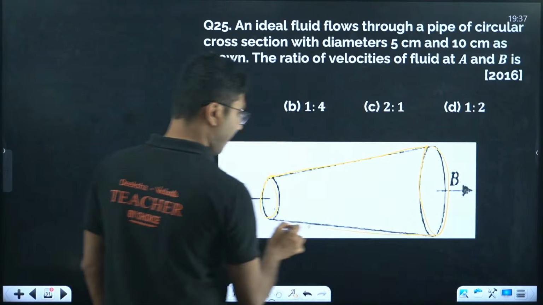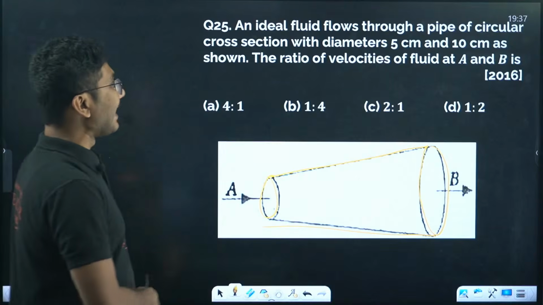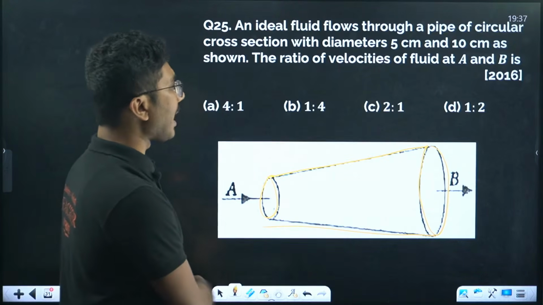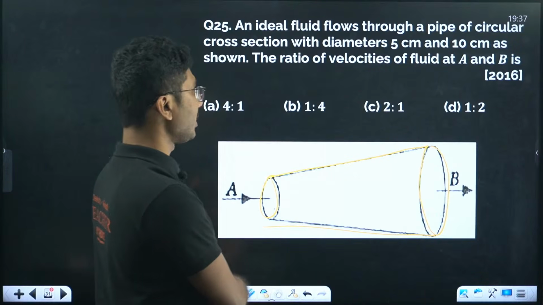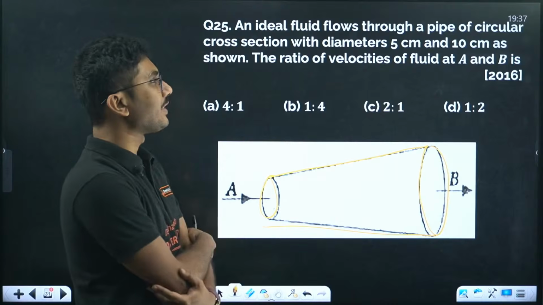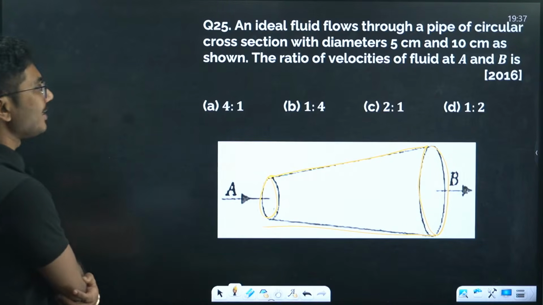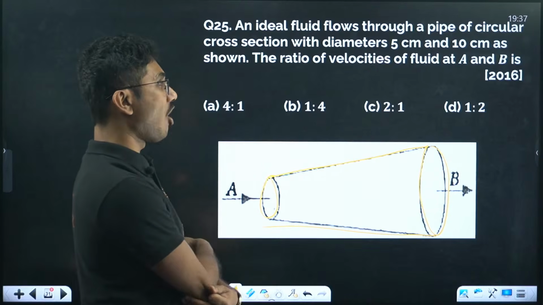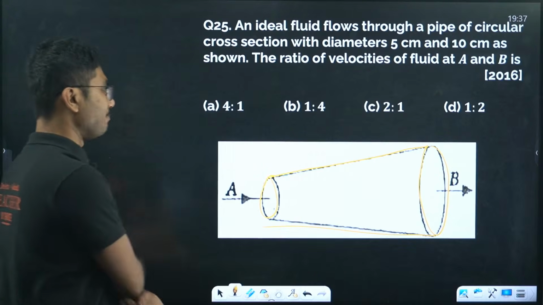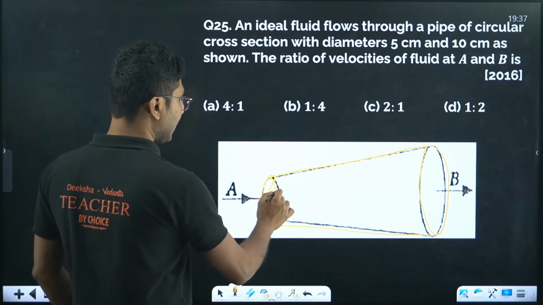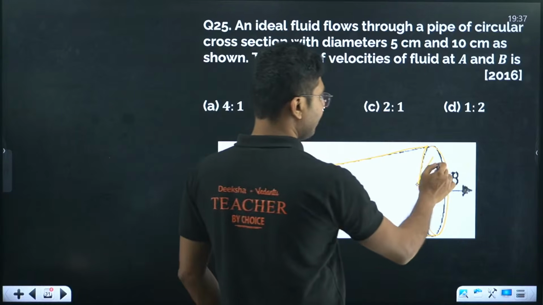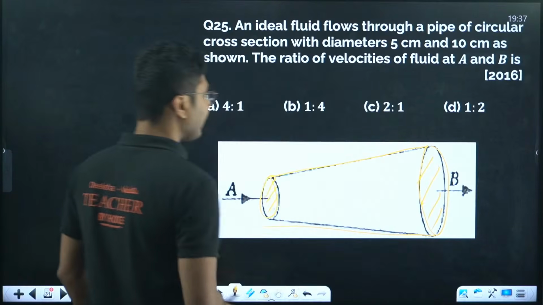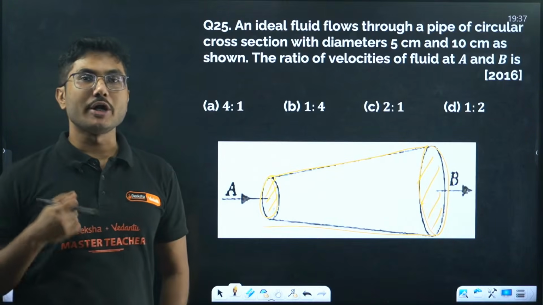Now let's see. An ideal fluid flows through a pipe of circular cross section with diameters 5 cm and 10 cm as shown. The ratio of velocities of fluid at A and B. So obviously here we have an area A, here we have an area B. Now there is an equation called the equation of continuity.